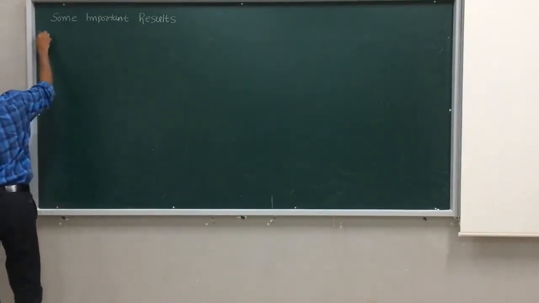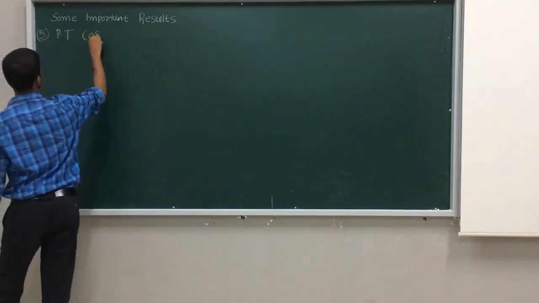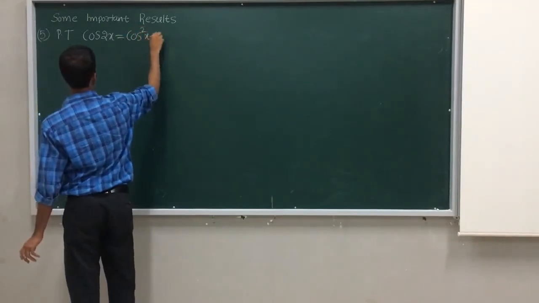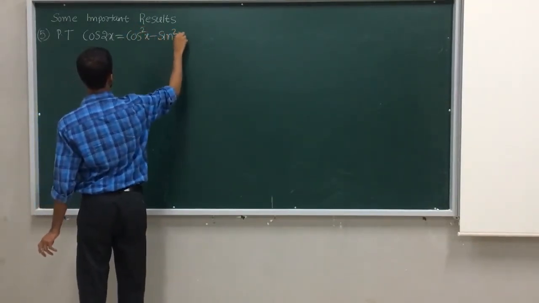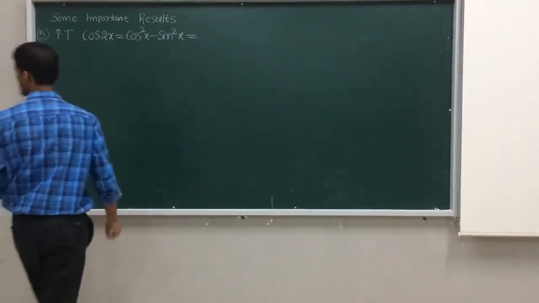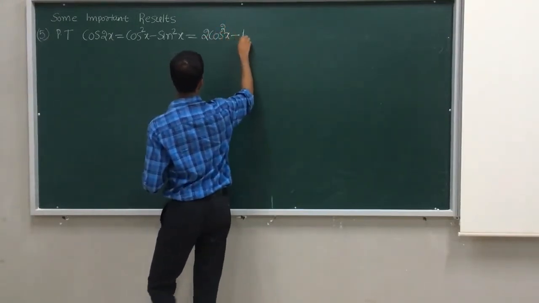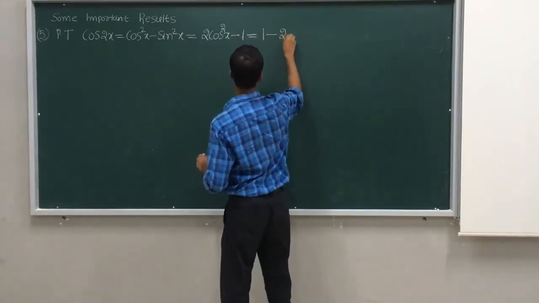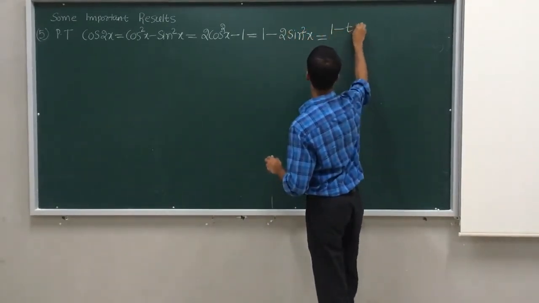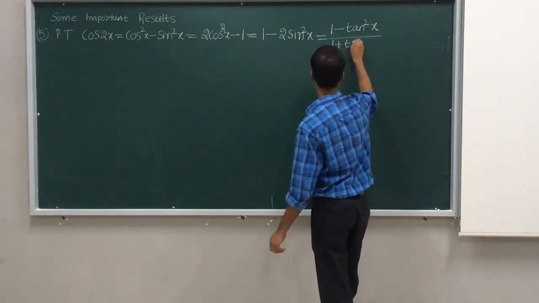Problem number 5. Prove that cos 2x is equal to cos square x minus sin square x, which is equal to 2 cos square x minus 1, which is equal to 1 minus 2 sin square x, which is equal to 1 minus tan square x upon 1 plus tan square x.